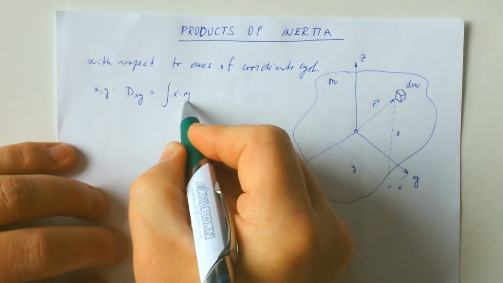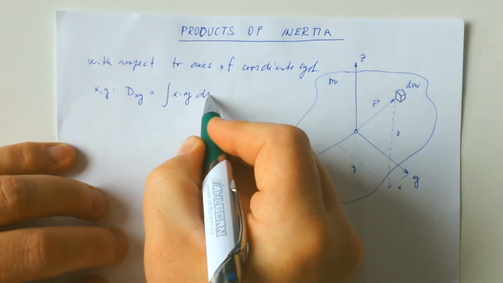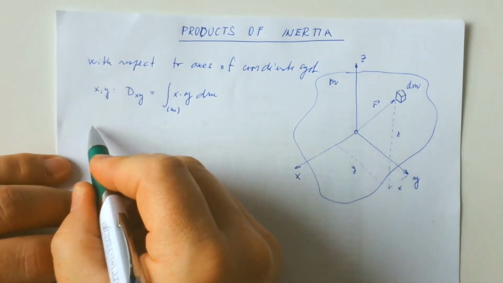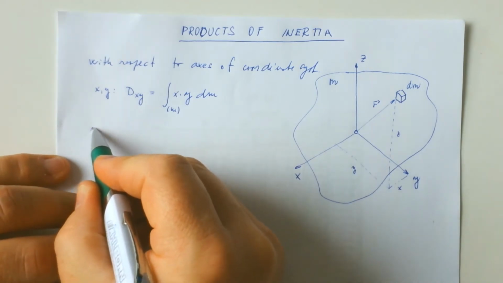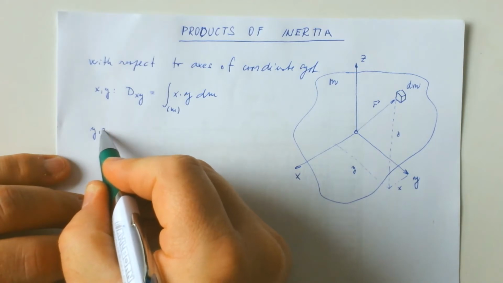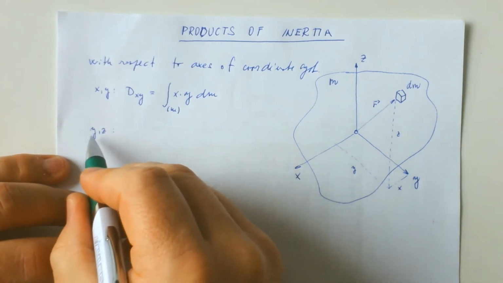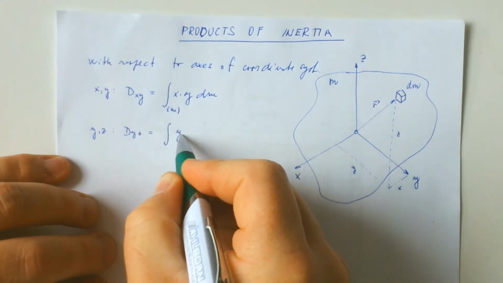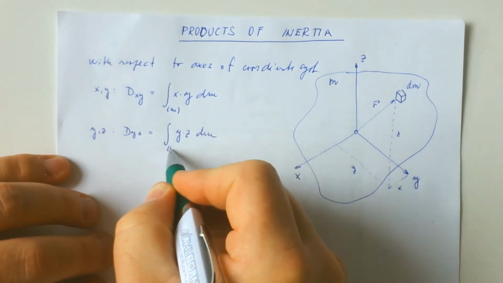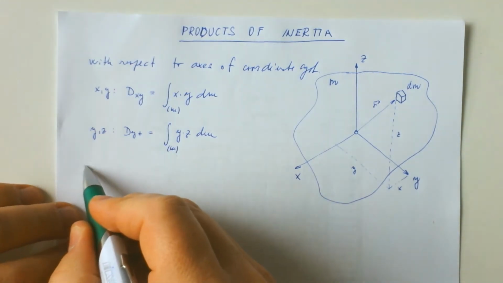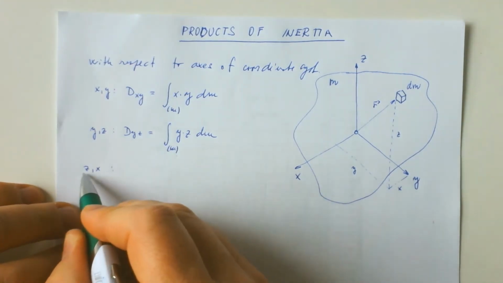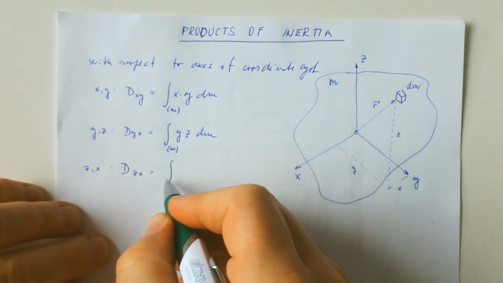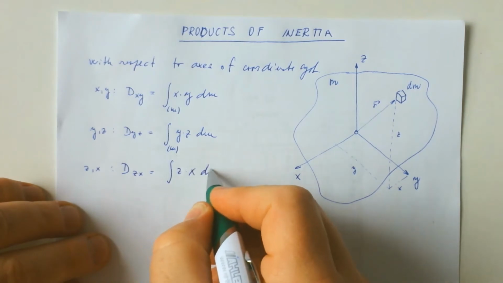It is x by y dm over m, and similarly we can calculate product of inertia with respect to axis yz. dyz is then y by z dm over m, and finally with respect to axis z and x it is dzx, z by x dm.